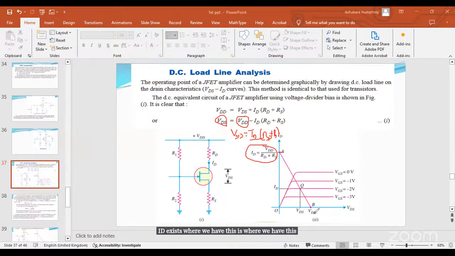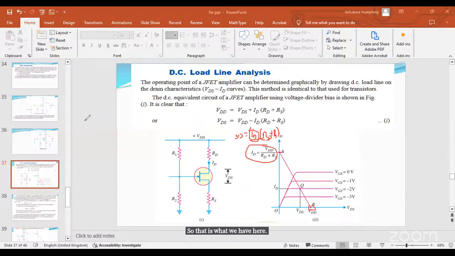Then to find this point, point B, it means that I will be 0, the current will be 0. So if the current is 0, it means that VDS is equal to VDD. So that is what we have here.